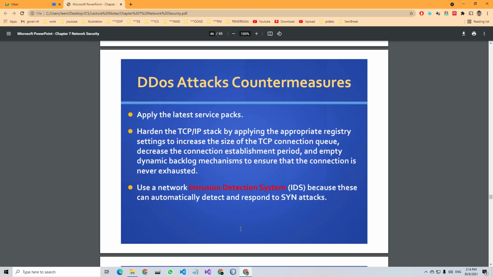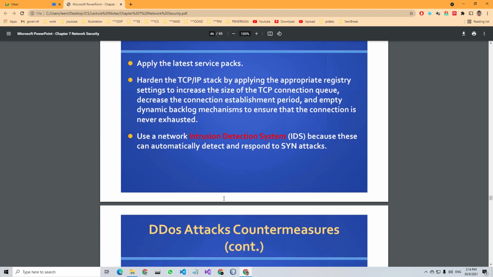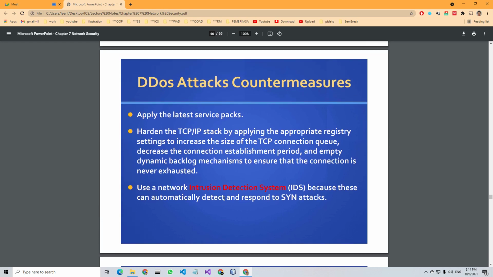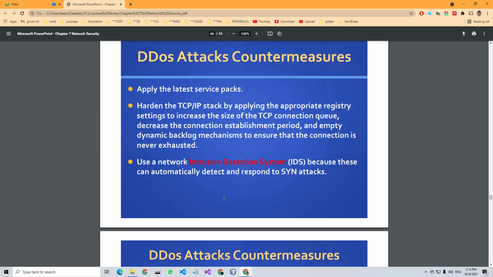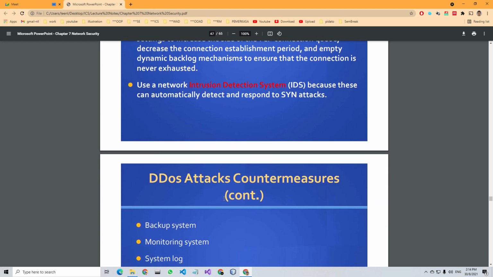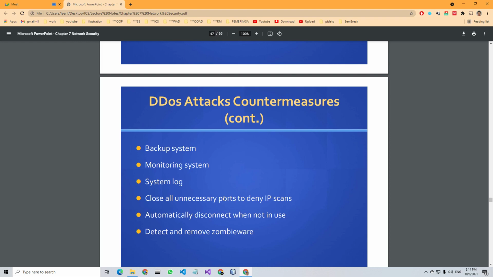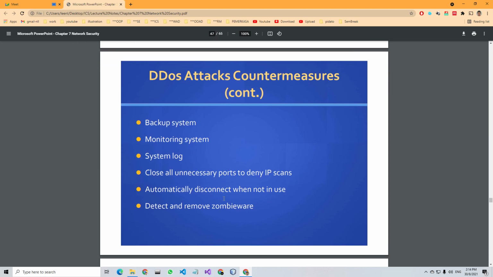This detection system will automatically respond to the attack and send out a message in the system. In short, they are listed here: backup system, monitoring system, system log, close unnecessary ports, automatically disconnect, and remove zombieware.